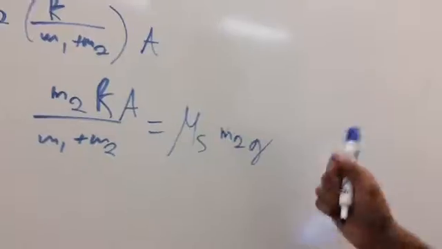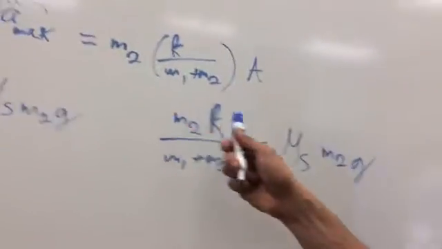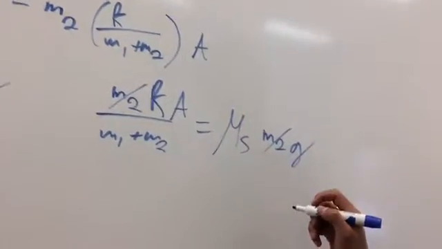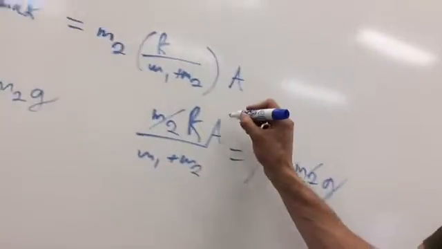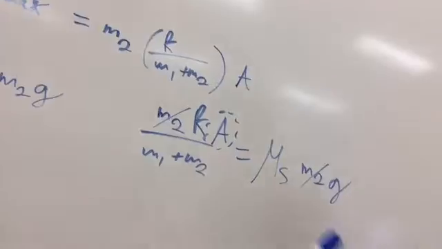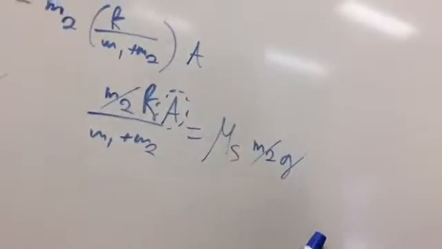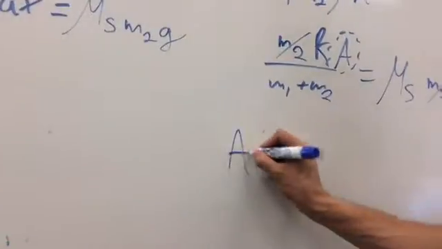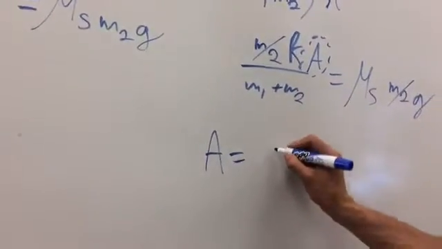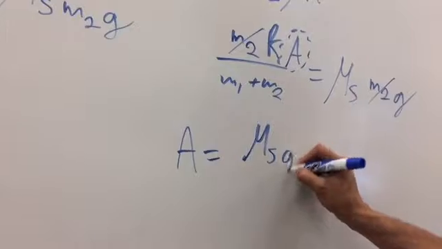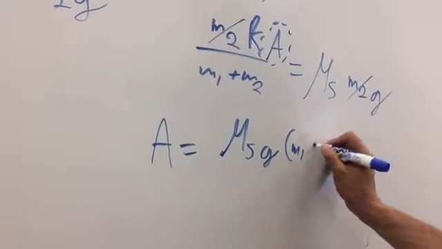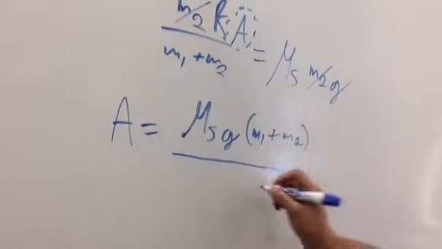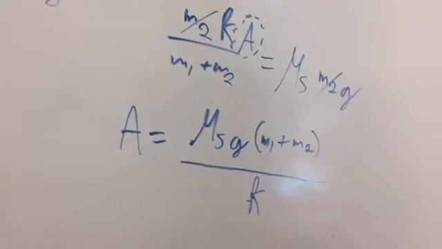As we can see, we have mass 2 on both sides, so we can cancel it. Now we can isolate A, and the amplitude will be equal to mu s times gravity times the total mass over the constant.